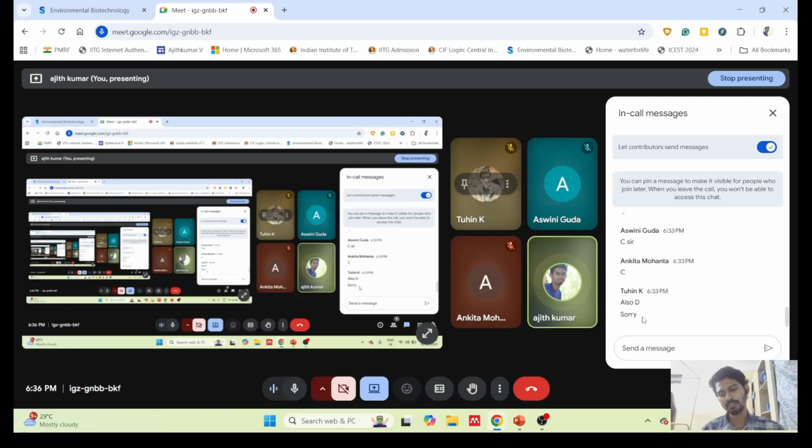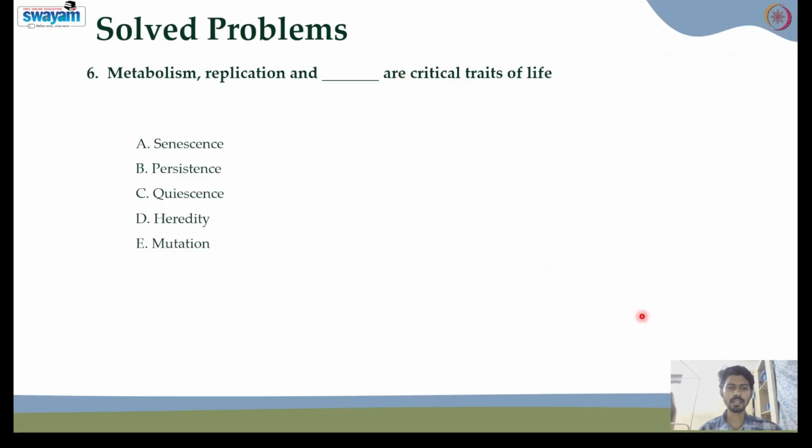It's okay. So now you can answer the next question, metabolism, replication and dash are critical triads of life. Option D, okay, heredity. Any other answer?